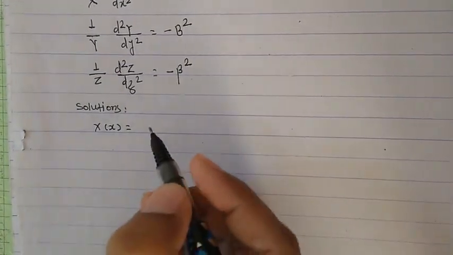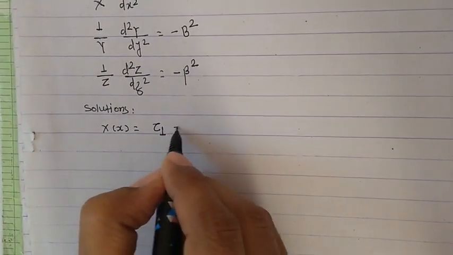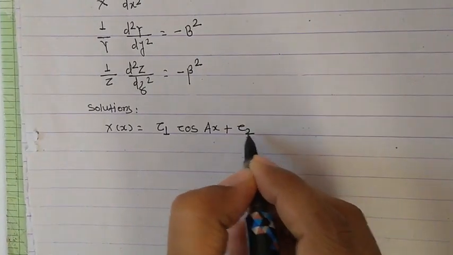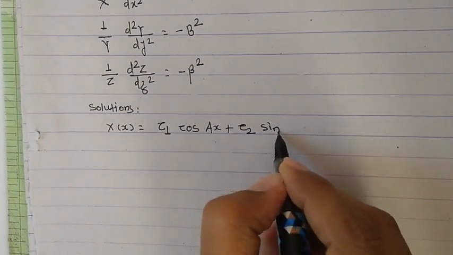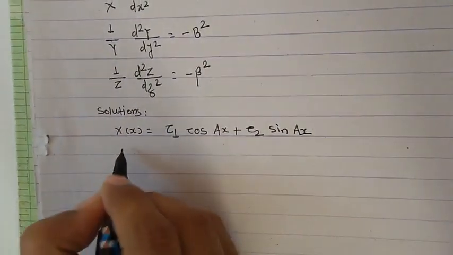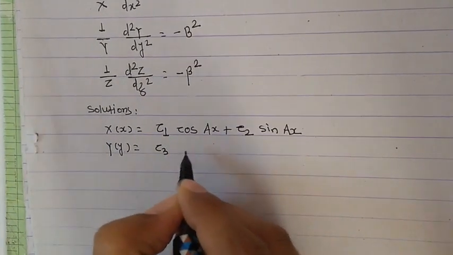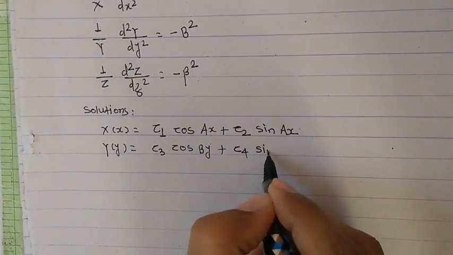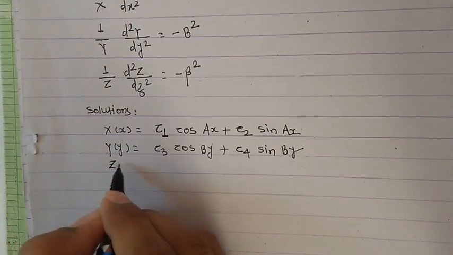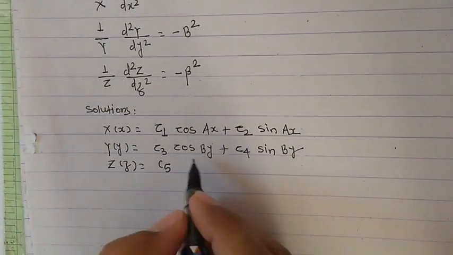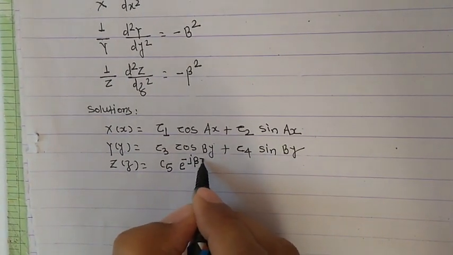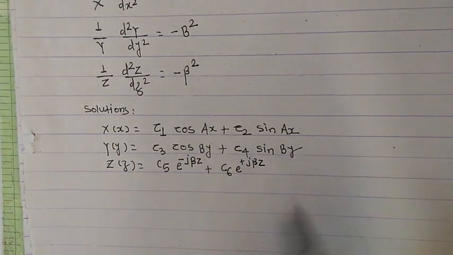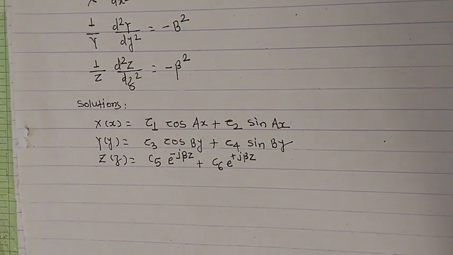X(x) is equal to C1 cos ax plus C2 sin ax, Y(y) is C3 cos by plus C4 sin by, and Z(z) is C5 e raised to minus j beta z plus C6 e raised to plus j beta z. So these are the solutions for second order homogeneous equations.